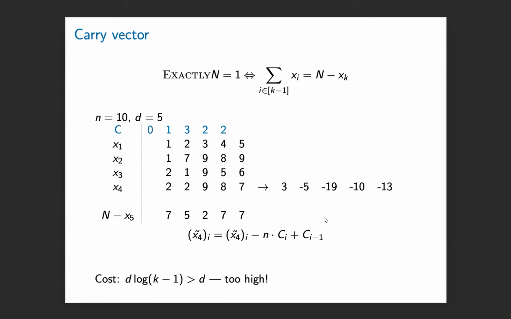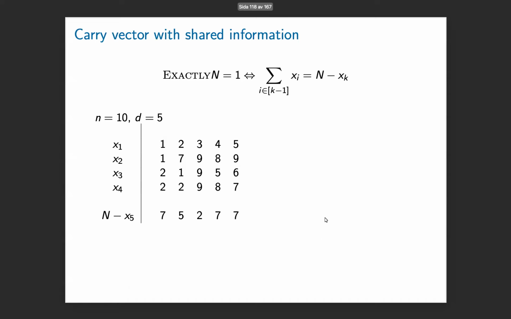The problem here is that the cost is too high. So I wanted the cost to be around d like it was in the 3-player case. But unfortunately, now that we're adding more than 2 numbers up, the carry vector can have numbers other than 0 and 1. And so we end up with a cost of d times log k minus 1, which is too much. Okay? What about if we try to exploit the shared information that we have?